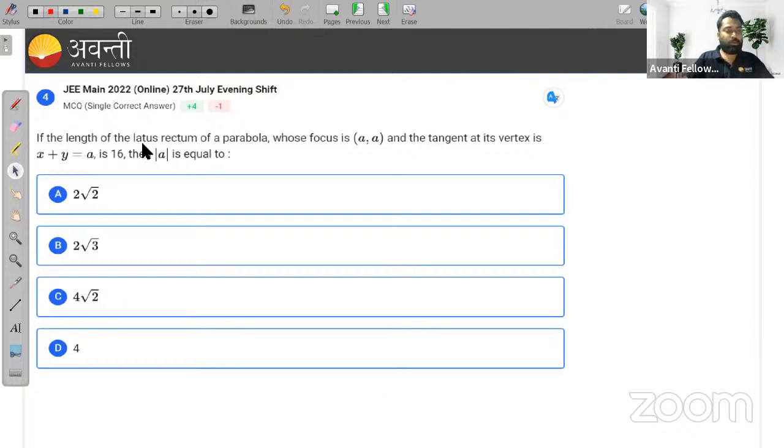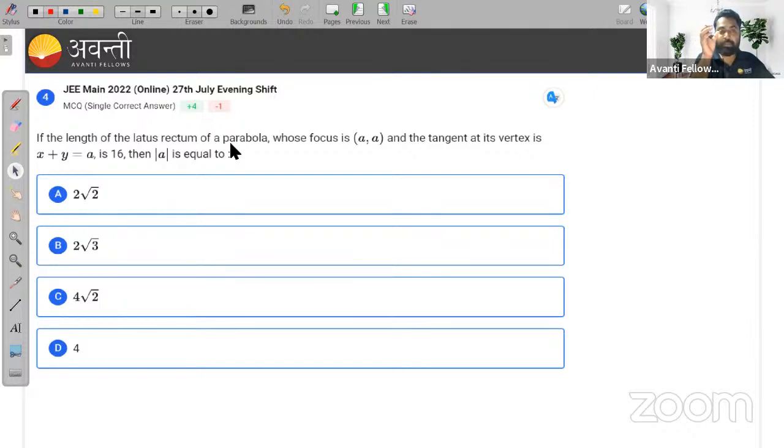So what is it asking? The length of the latus rectum of a parabola whose focus is (a, a) and the tangent at its vertex is x plus y is equal to a.